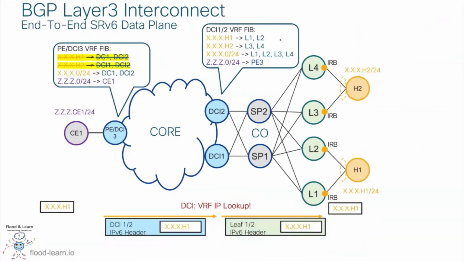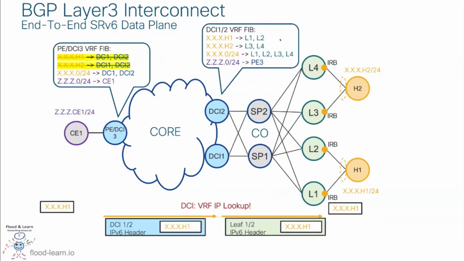Then the next option is to use, for example, SRv6 end-to-end. What will happen here? The basic example is that again I will have my IPv6 outer header to DCI1, DCI2, and because I'm able to encode all the information about the transport as well as the service into the IPv6 outer header, I'm sending this to the DCI, and next is directly the original IP packet.